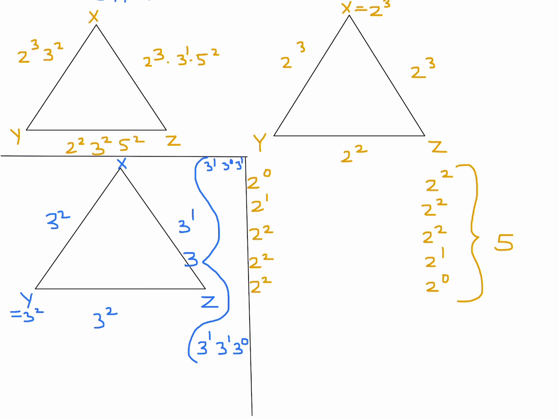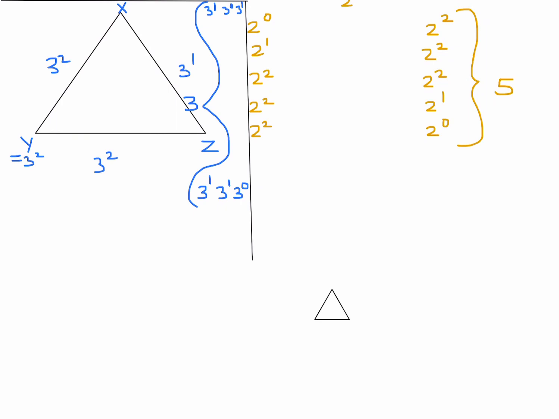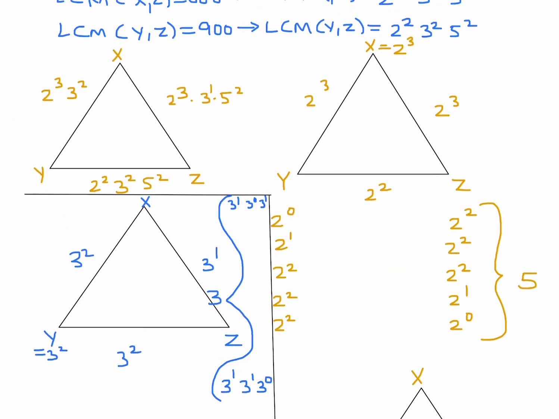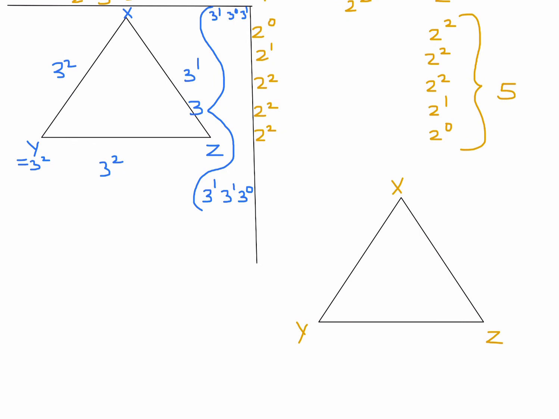One final triangle, of course, and that's got to look at the 5s. So let's look at the 5s now. So here we go. X, Y, and Z. And let's see if I refresh my memory here. There was no 5 here, 5 to the 2 and 5 to the 2. Okay, so that means 5 to the power of 0, 5 to the power of 2, and 5 to the power of 2.